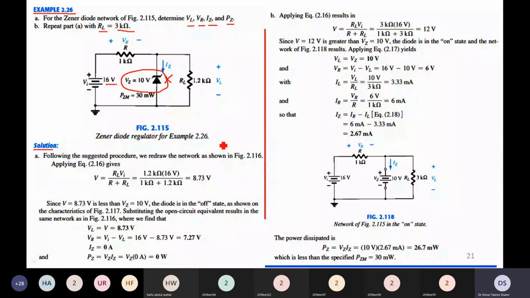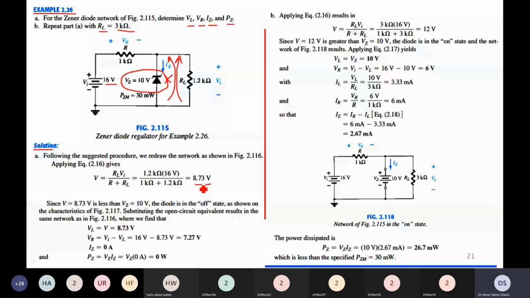Now let us find the voltage across load resistance RL, which is also the voltage across the Zener diode if it was present. Now we will solve using Kirchhoff's voltage law and find that the voltage VL is equal to RL times V input divided by R plus RL, which in our case is equal to 8.73 volts.